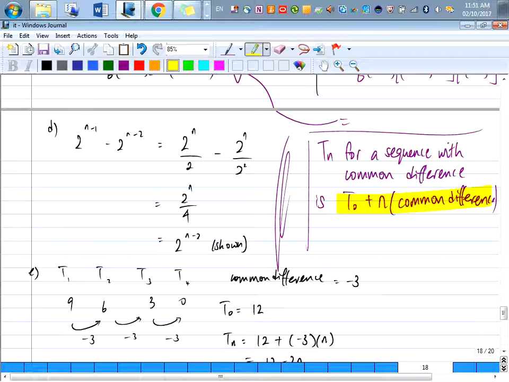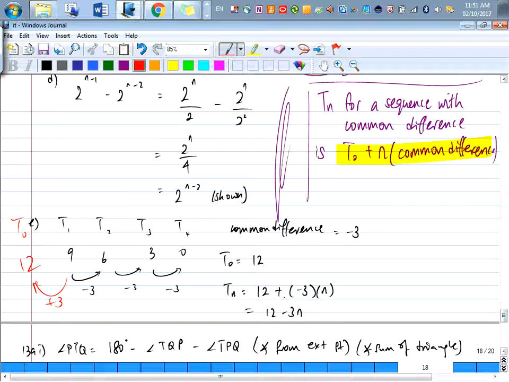Then I need to find T0. I need to go backwards. So since this is T1, T0 will be 12. Tn will therefore be 12 plus common difference times n. Common difference is negative 3. So 12 minus 3n.